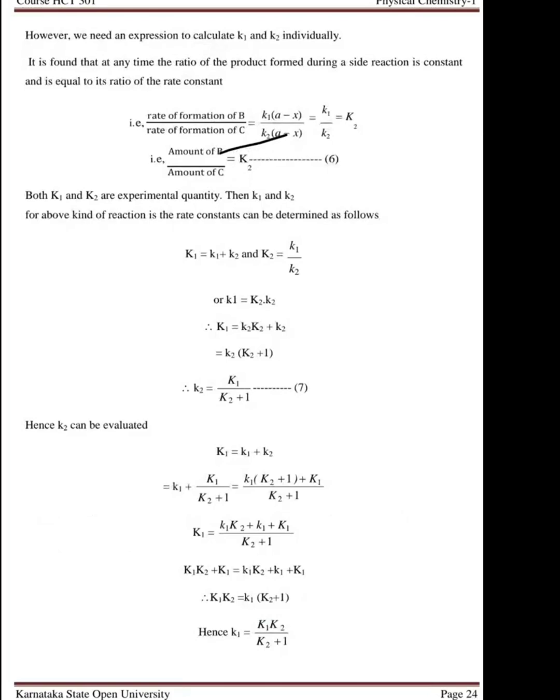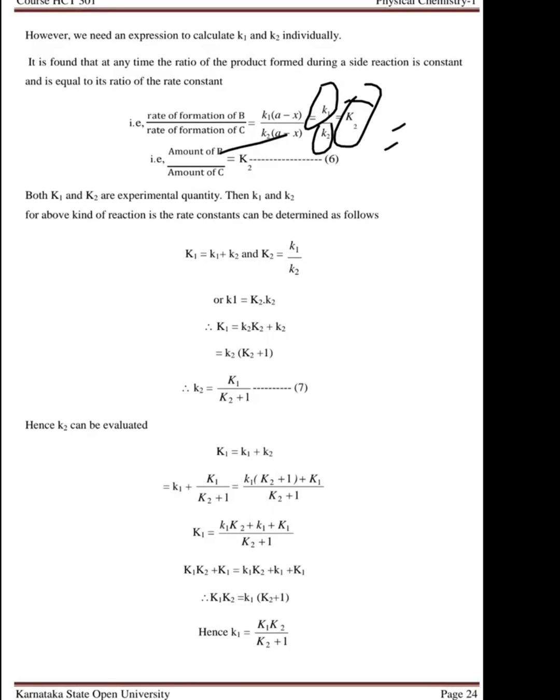So dividing, we'll get K1 by K2. Here two different Ks are there, you don't get confused. The big alphabetical K represents the experimental quantity, how much of the quantity is formed, and small k, k1 and k2, represent the rate constant or rate of reaction.